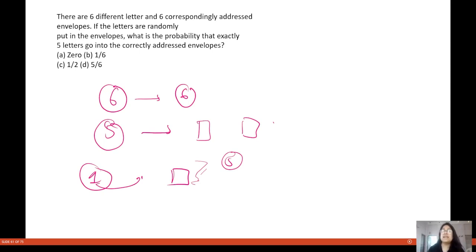So the probability that the remaining letter will go into an incorrectly addressed envelope is 0, because only one envelope is left and that is addressed correctly only.